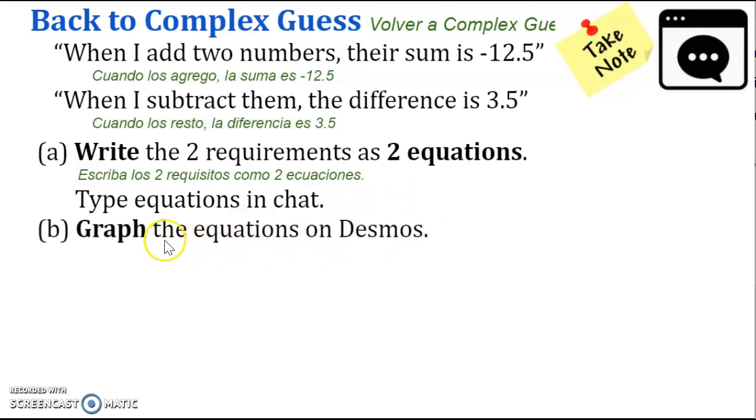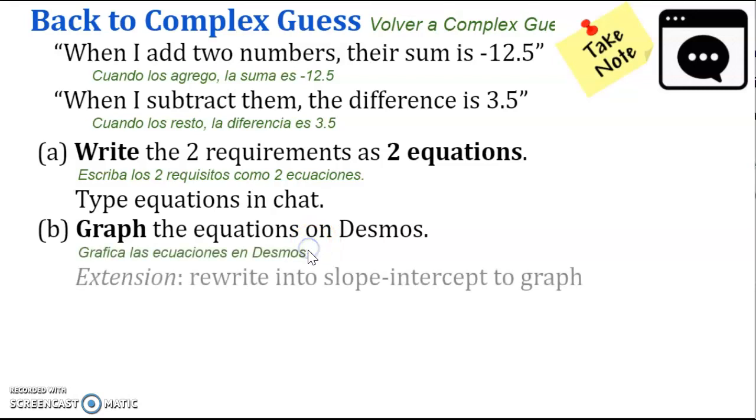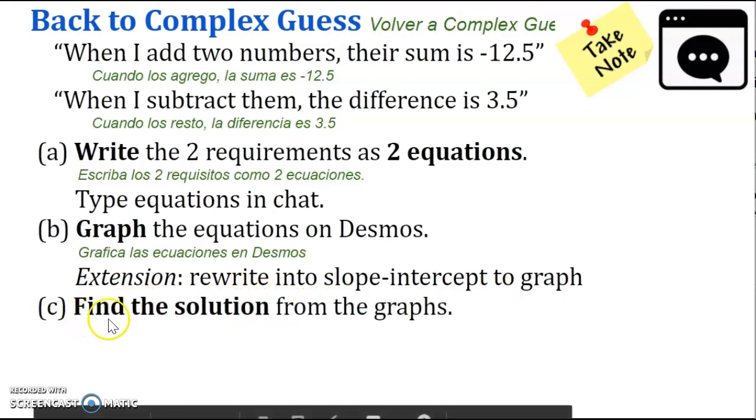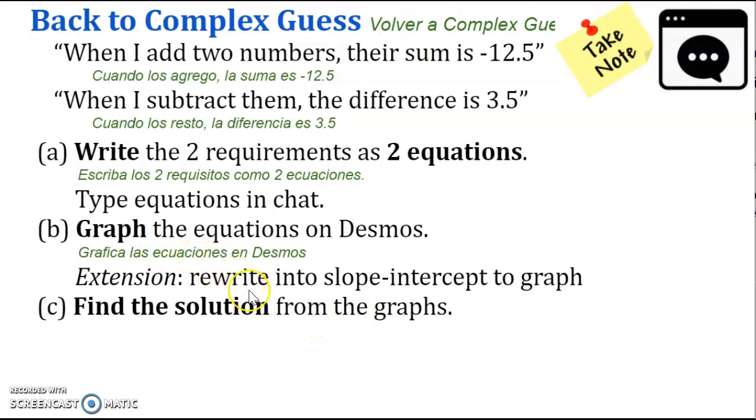And then when you have that, you're going to graph the equations in desmos.com and then find the solution. The extension would be to rewrite into slope-intercept form, and then you can graph it yourself, or check your graphing. Then find the solution from the Desmos graphs, where the two lines are intersecting.